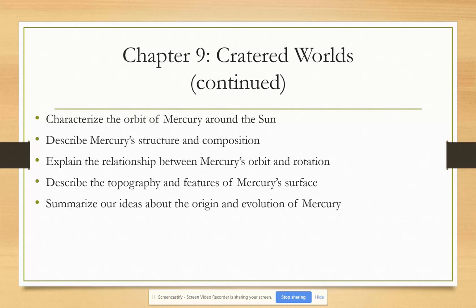Continuing on then, Mercury. Remember the orbit of Mercury. Very cool, the 3-2 orbital resonance. Why 3-2? Why not, like the Moon, being tidally locked? Because it has an eccentric orbit. Its distance between Mercury and the Sun changes pretty dramatically.